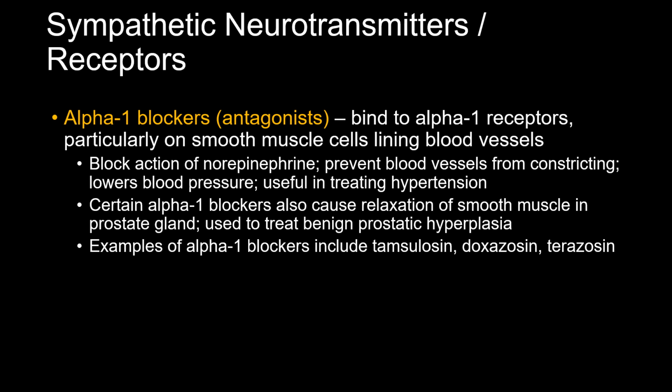Okay, and so this is an effect that lowers blood pressure and is useful in treating hypertension or high blood pressure. Certain alpha-1 blockers also cause the relaxation of smooth muscle cells in the prostate gland, and this can be useful for treating prostatic hyperplasia. So, some examples include tamsulosin, doxazosin, and terazosin. If you're going into nursing, I'm sure you'll learn all about these.